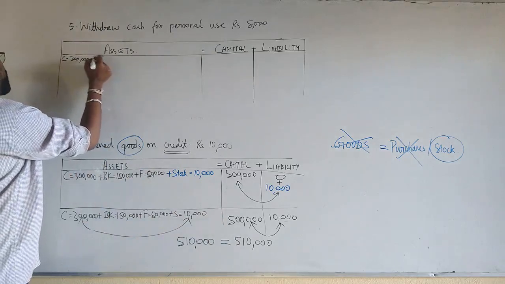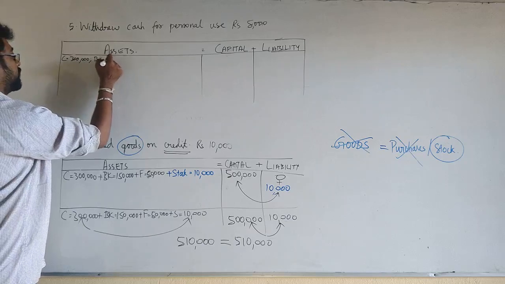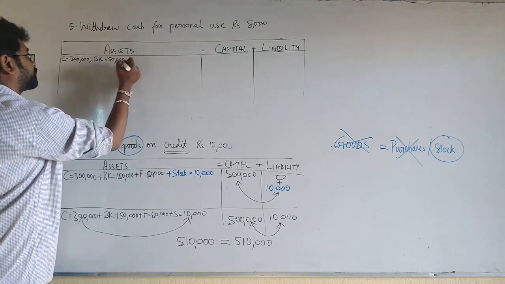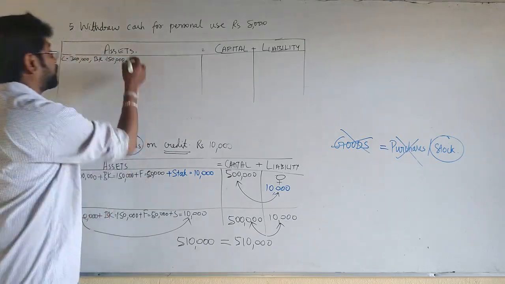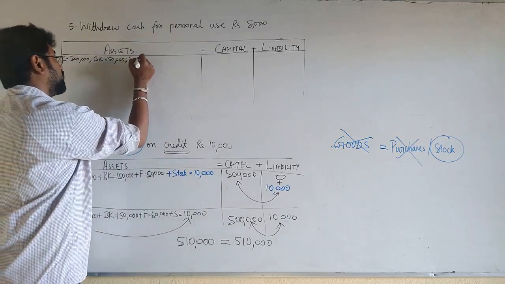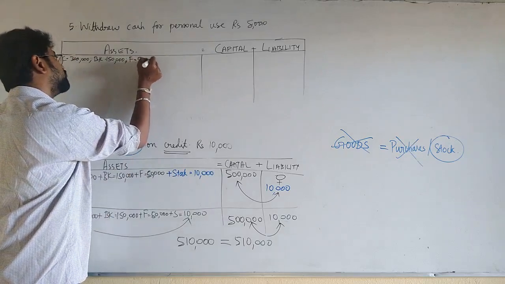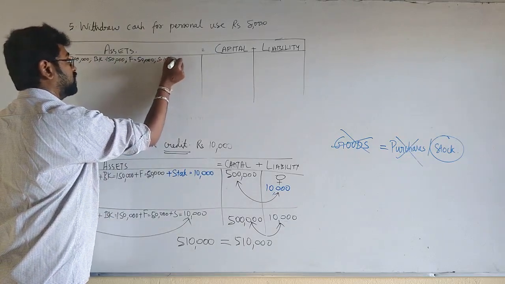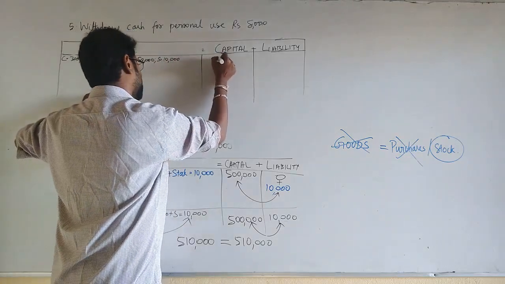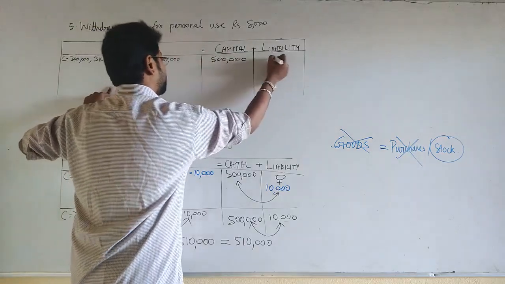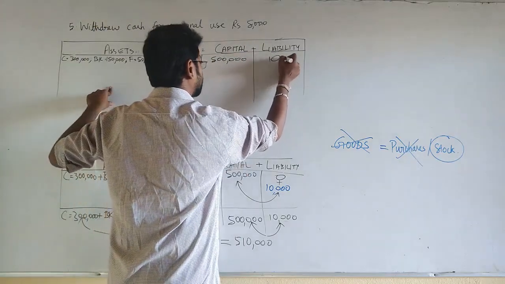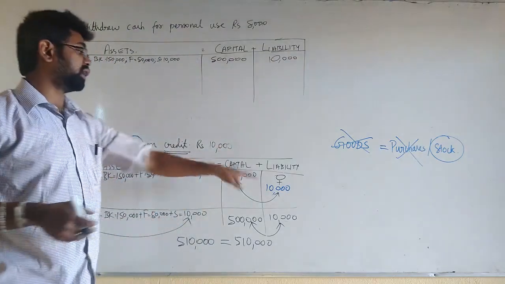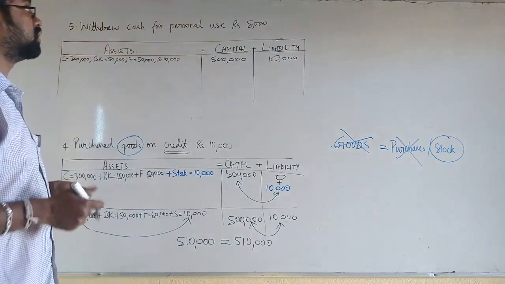Okay, how much is the bank balance? 1,50,000. Then how much is furniture, that is F, 50,000. Then how much is stock, 10,000. How much is capital, sir? 5 lakhs, it is the same. How much are liabilities? 10,000. Okay, it was 0 in the previous question. Sorry, in the third transaction, it then increased to 10,000. Now we have 10,000 rupees liability.